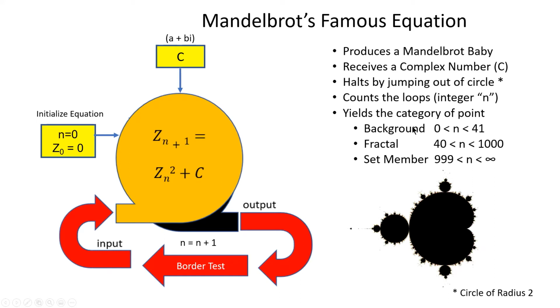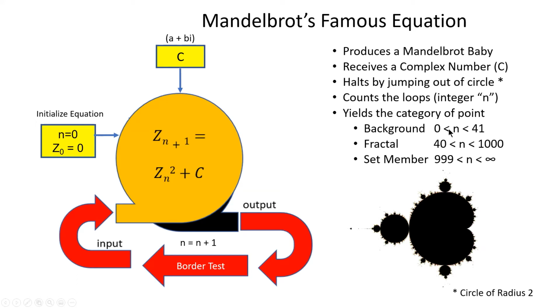For example, if you select a point out here outside the baby, and we're trying to draw this graphic here, this would be a white point, background.